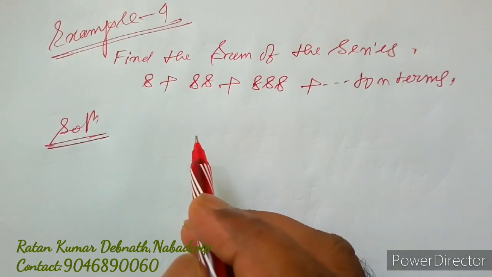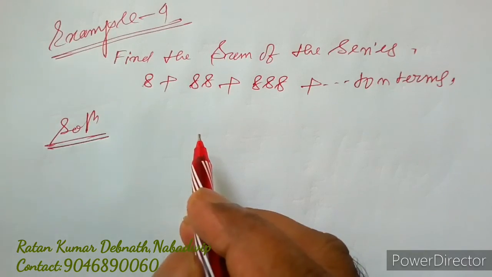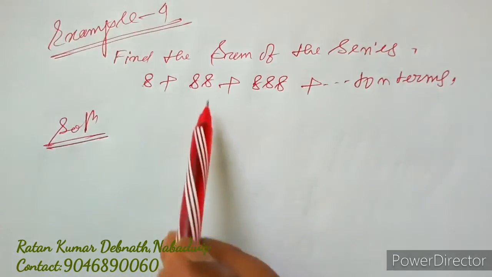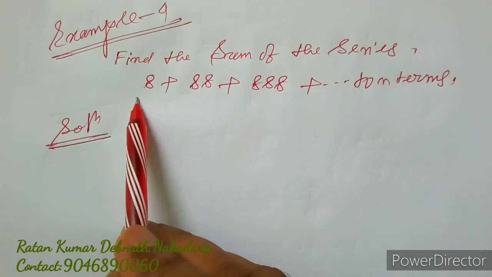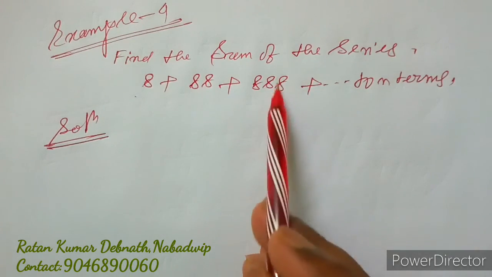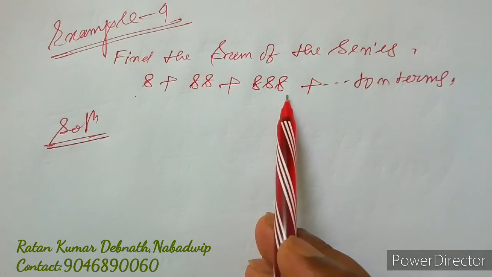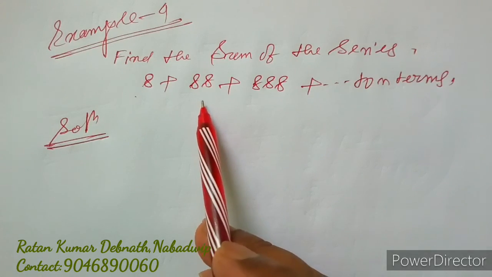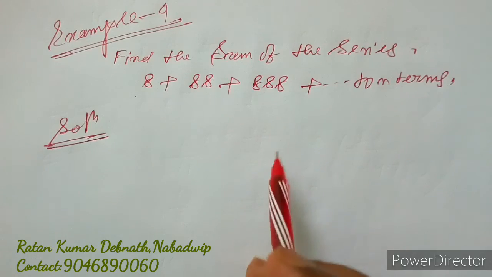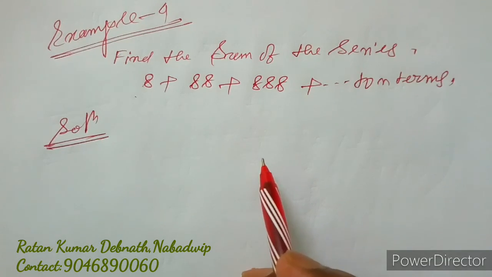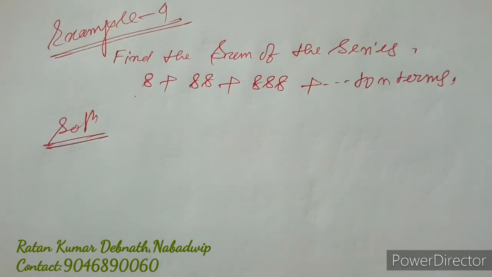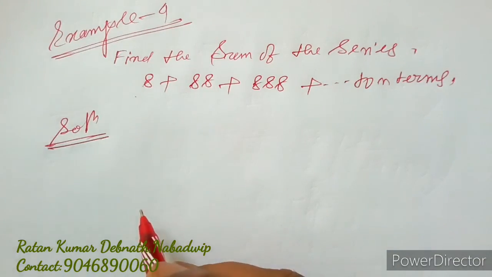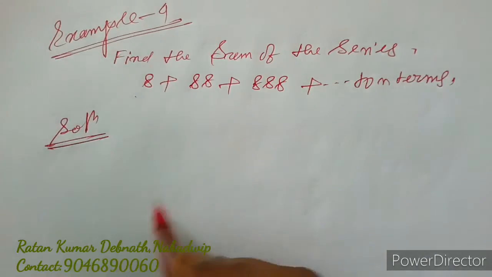Look, this is not a GP series, because if you divide 88 by the first term you will get 11, and if you divide the third term, that is 888, by 88, you will not get 11. So this is not a GP series, but you have to solve this problem by using GP series. In order to apply the formula, we have to convert it to a GP series.